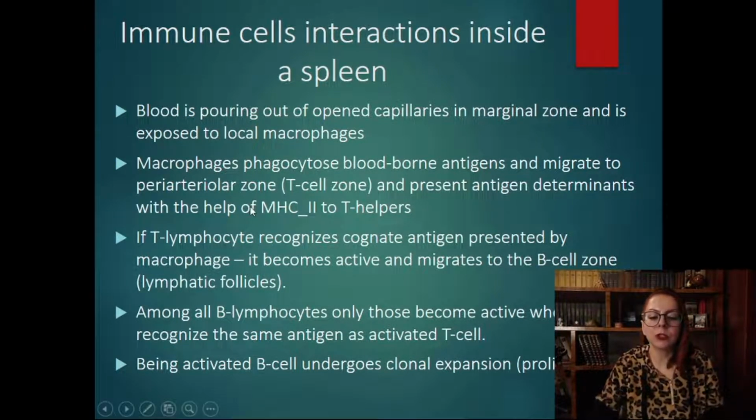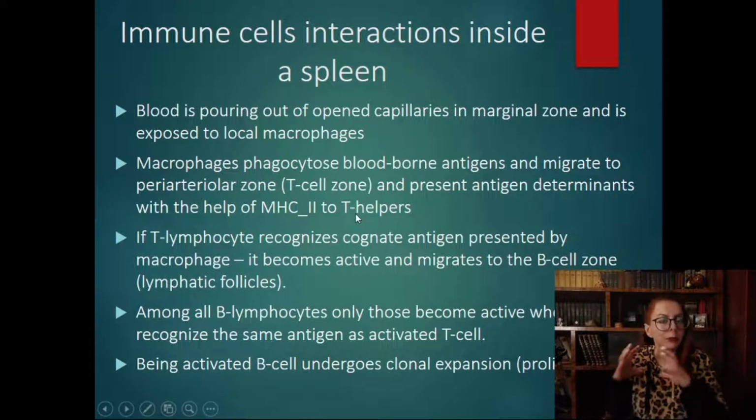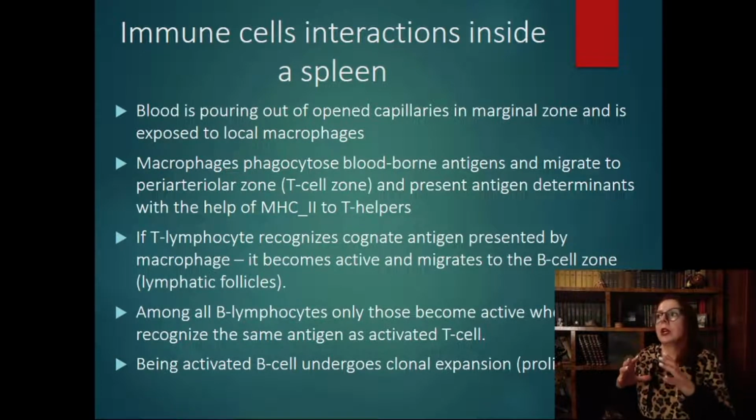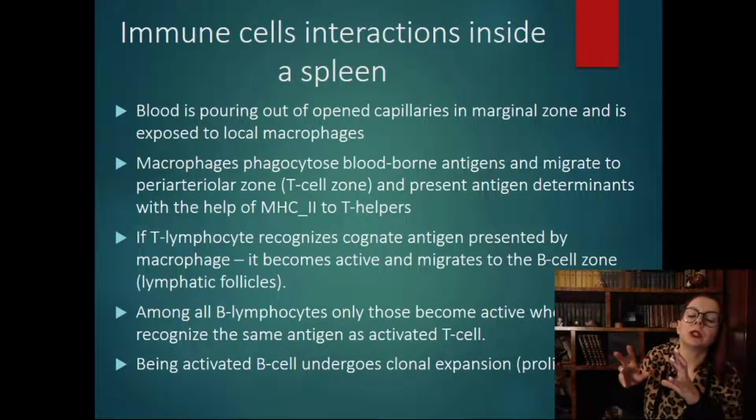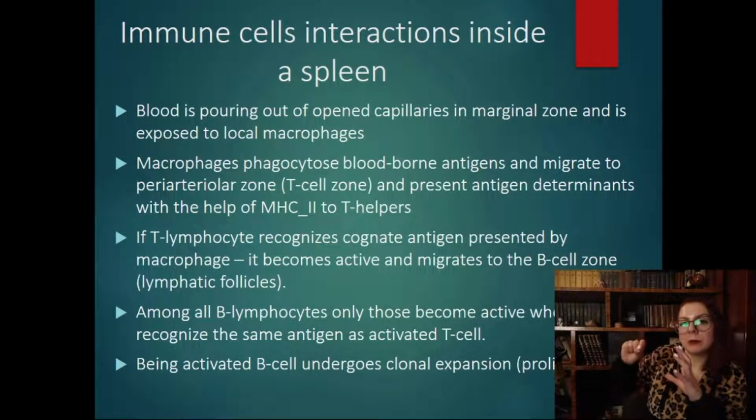So macrophages or dendritic cells, with the help of MHC2, present those antigens to T helpers in the periarterial zone. So among the diversity of those T cells, only those are activated which have their receptors cognate to the proper antigen.